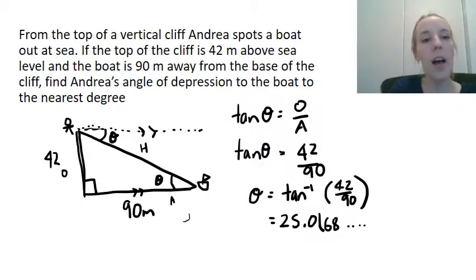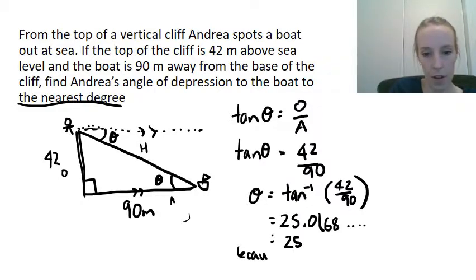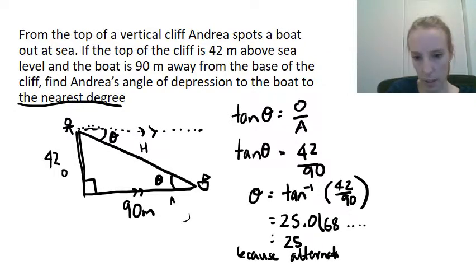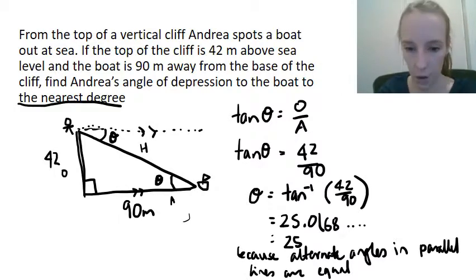25.0168 and so on, but the question asks us to find it to the nearest degree, so we'll round that to 25 degrees, and because alternate angles in parallel lines are equal, the angle of depression will also equal 25 degrees.